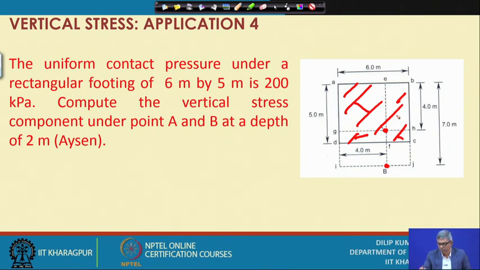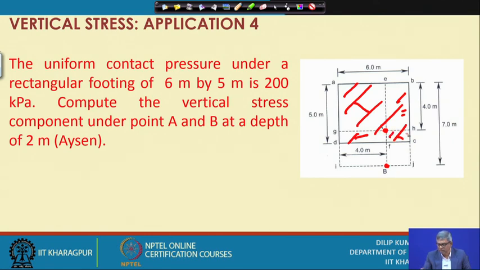If I consider this rectangle, I can take this as a, so a will become 4 meter and this will be b, which is 2 meter. So, if I know a and b, then I can find out m and n, and then go back to the equation and calculate the pressure at this point.